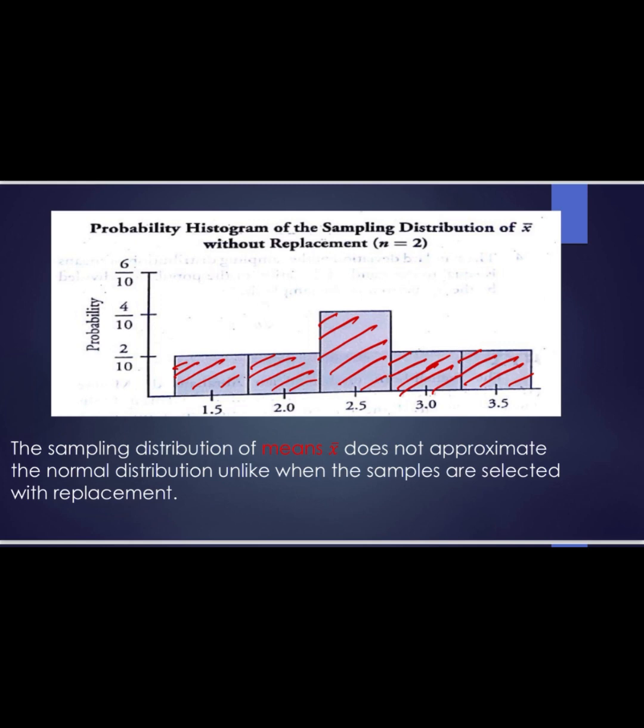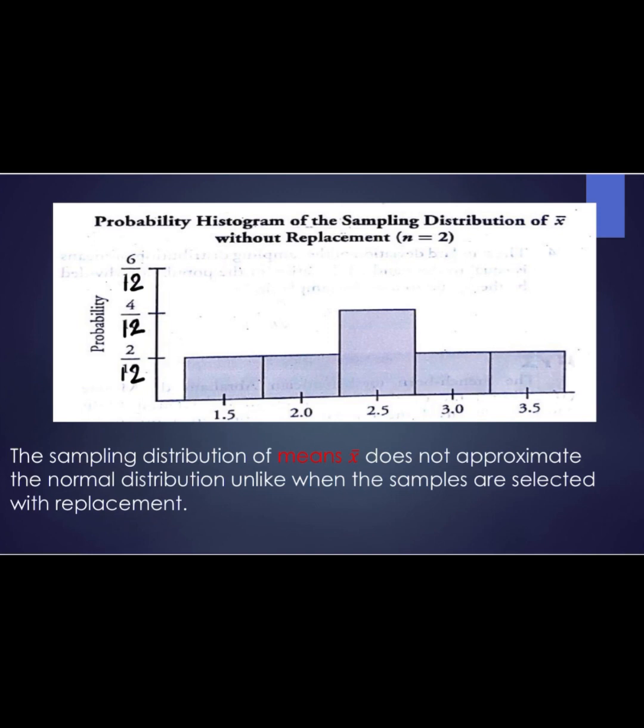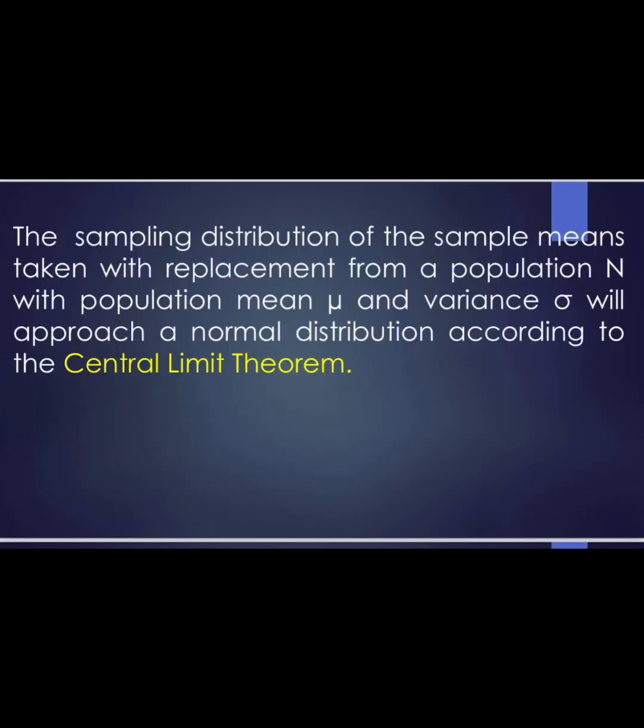The sampling distribution of means does not approximate the normal distribution, unlike when the samples are selected with replacement. So, let's conclude that the sampling distribution of the sample means taken with replacement from a population with population mean and variance will approach a normal distribution according to the central limit theorem.